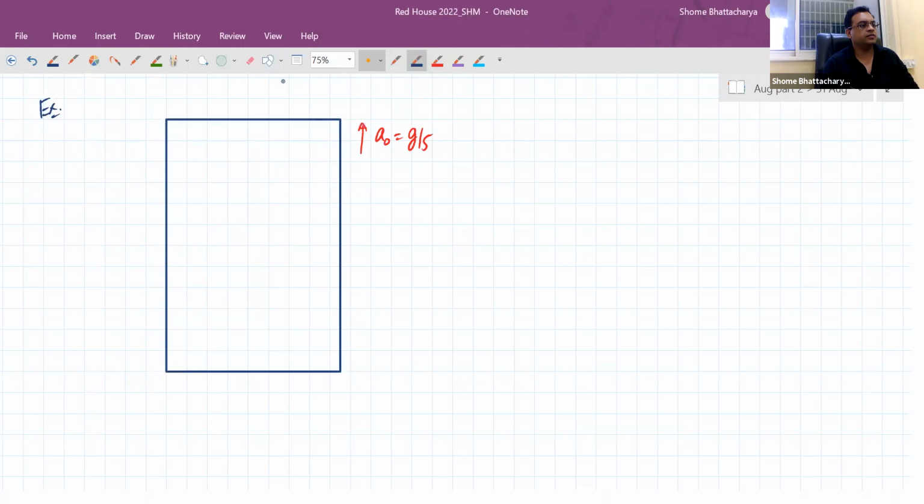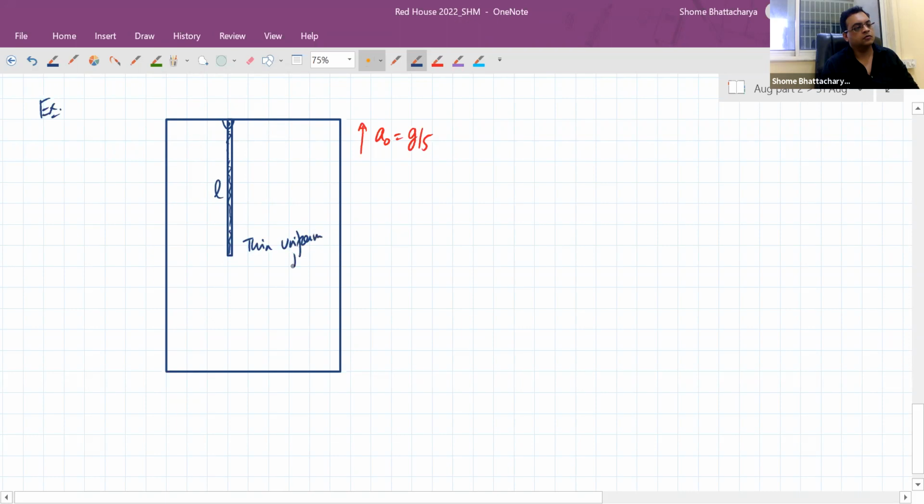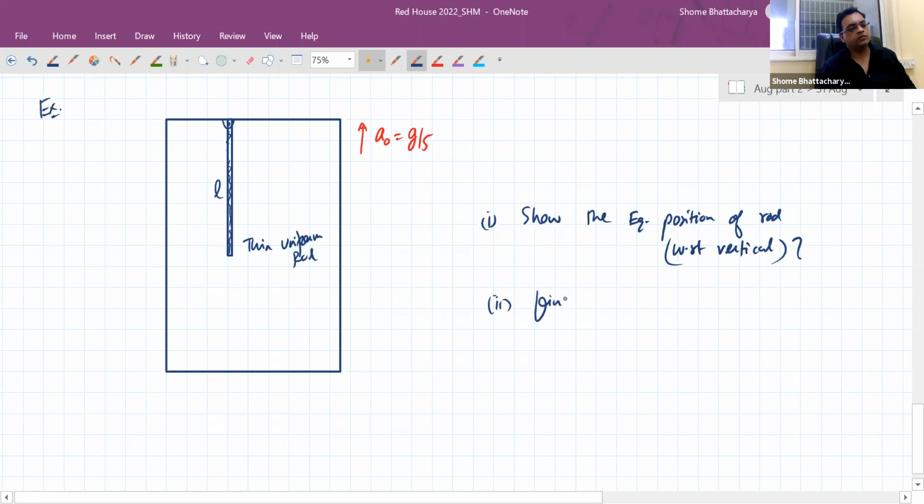And we have a physical pendulum which is in the shape of a thin uniform rod like this, hinged like this, of length L. So first of all, show the equilibrium position of the rod with respect to vertical, and find the time period for small oscillations.